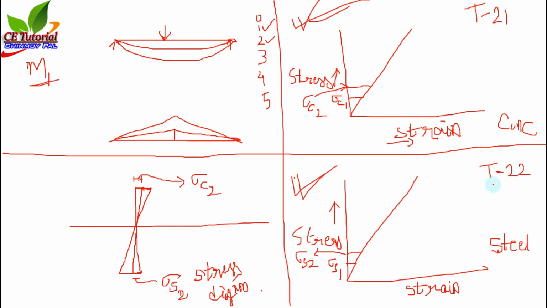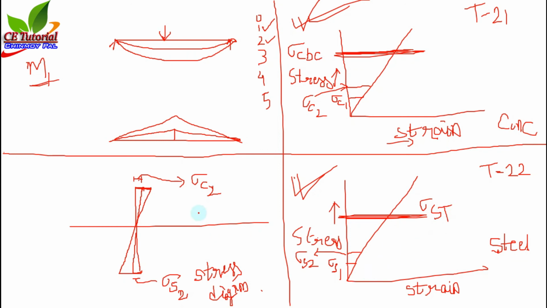Table 21, table 22 give you this data. Now IS code says that you cannot go beyond this limit, and this is the permissible stress. That means the final stage of sigma C is called sigma CBC. And this is the final stage of stress in steel, called sigma ST.